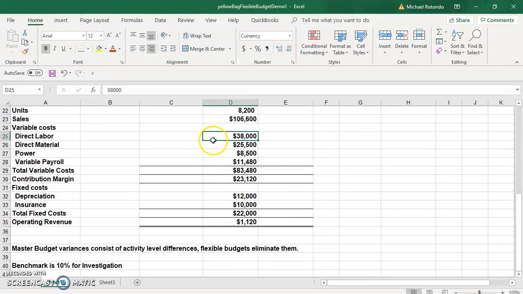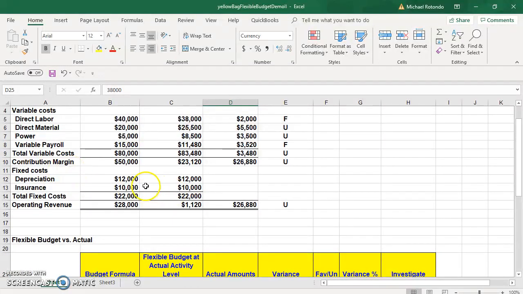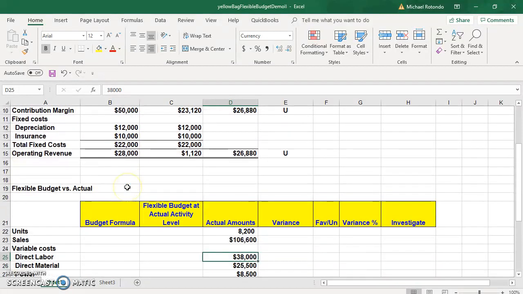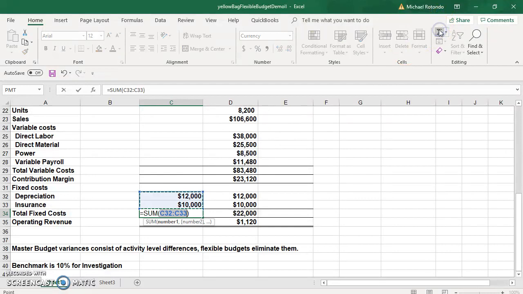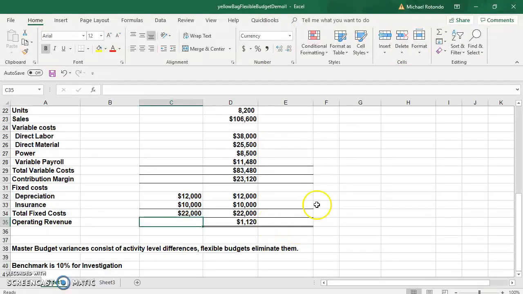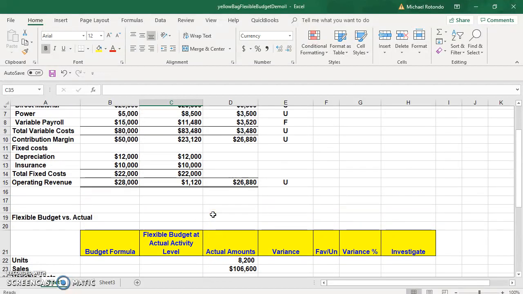So the first thing we want to do is make some assumptions here. We're going to assume that fixed expenses have no variance. So we're going to assume that our fixed expenses are the same as anticipated. And fixed expenses, of course, are easier to predict anyway because they're not based on volume. So we're going to assume there's no variance for fixed costs. We're also going to assume that our sales price was accurate in the budget.